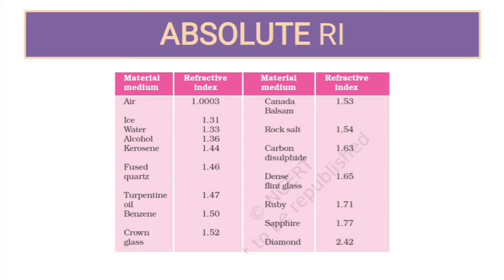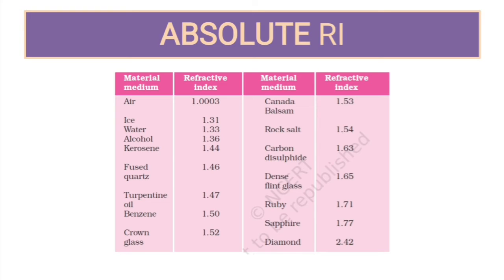This is a table which I have taken from the NCERT textbook. It is very clearly written over there that the refractive index of air is 1.0003, then the refractive index of ice is 1.31. The smallest refractive index, very close to the vacuum, is air.